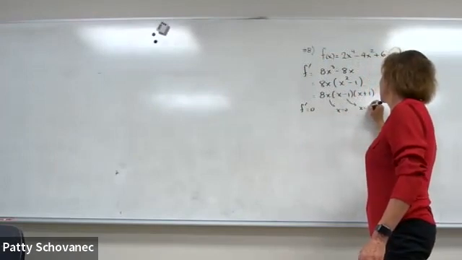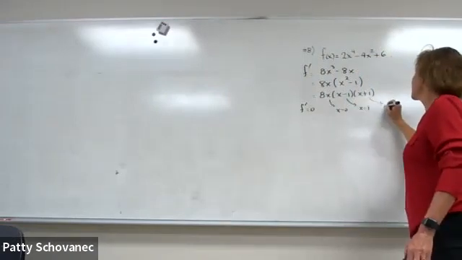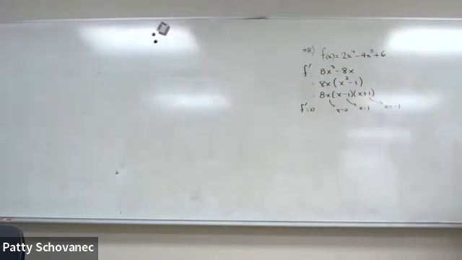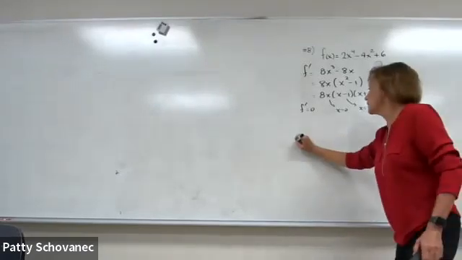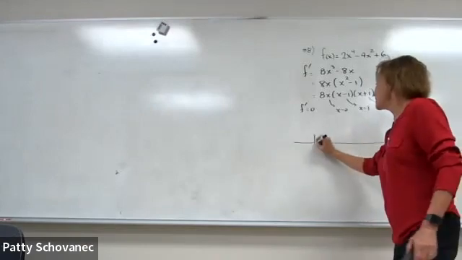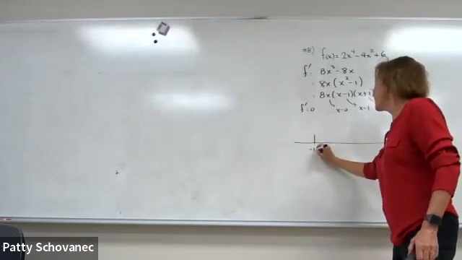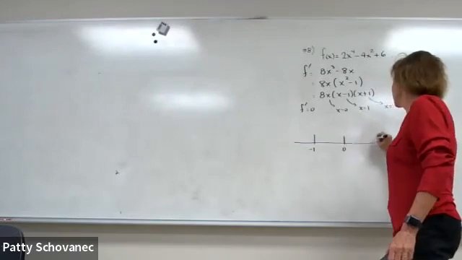X minus 1 is 0 when x is 1. X plus 1 is 0 when x is -1. So our critical numbers are 0, -1, and 1. So I suspect the shape of this graph might be kind of like a W.